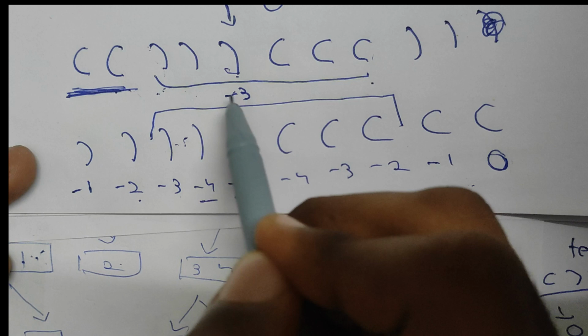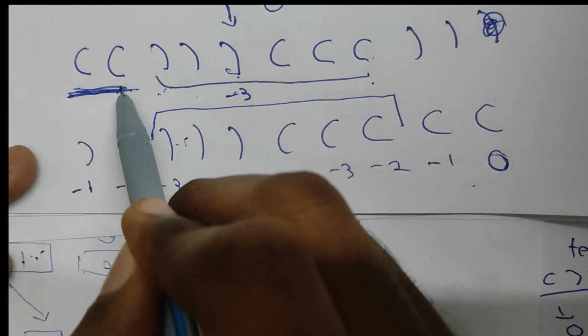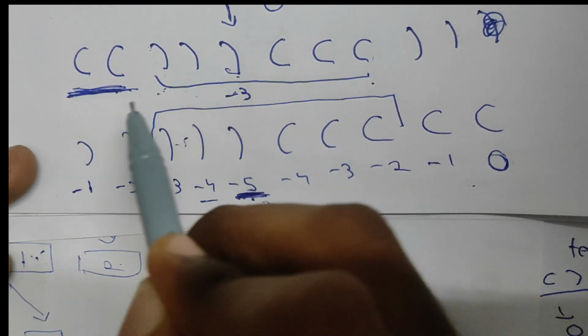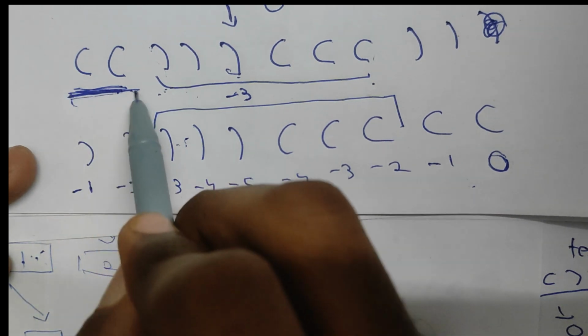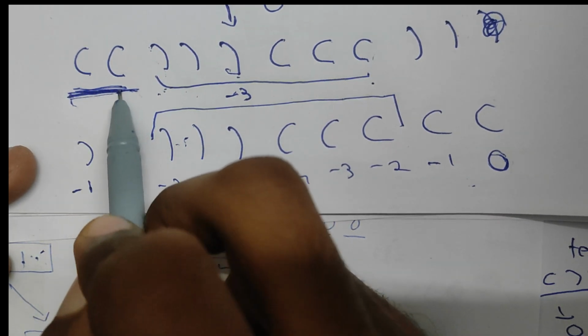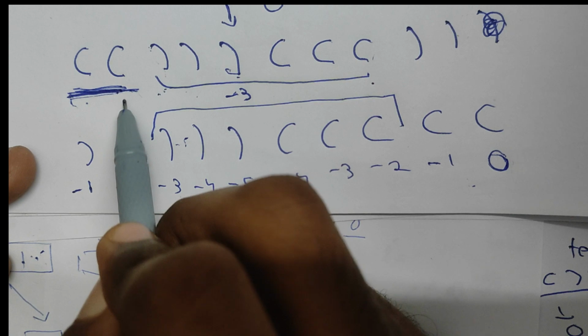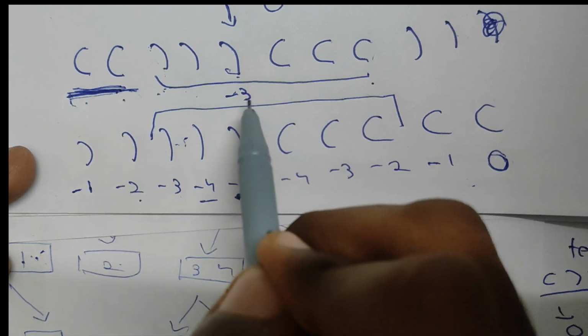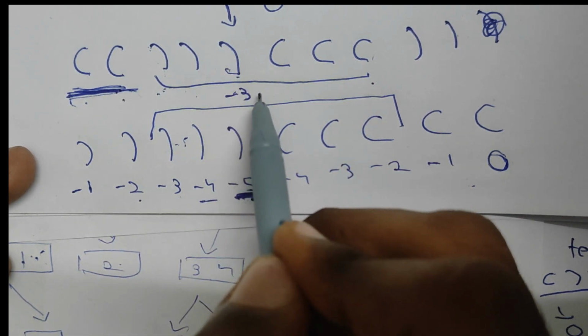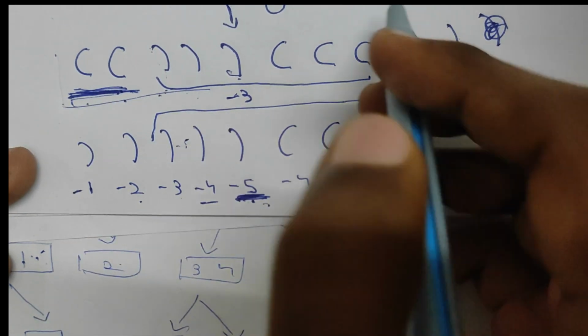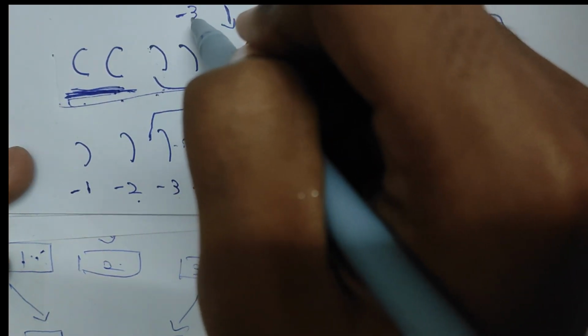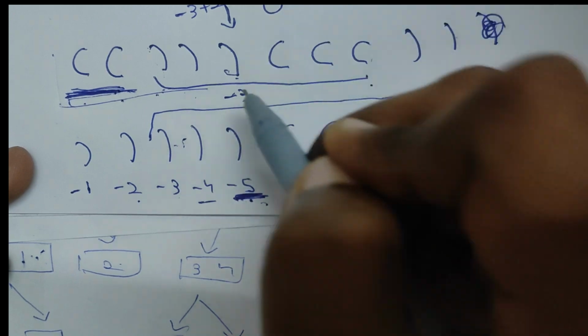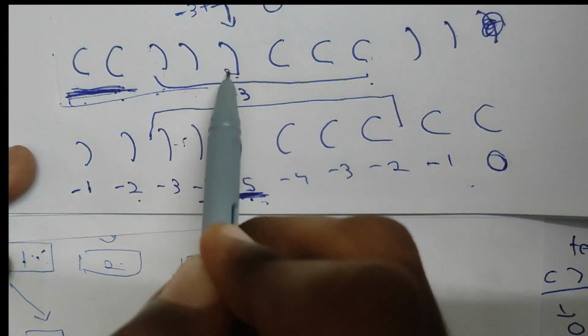The value will be this value plus minus 3. So what is the prefix sum of this particular substring? It will be 1 plus 1, it will be 2. So the actual value over here from the beginning of the array will be equal to minus 3 plus 2. It will be equal to minus 1. It's actually the correct value, right? Minus 1 will be the correct value.